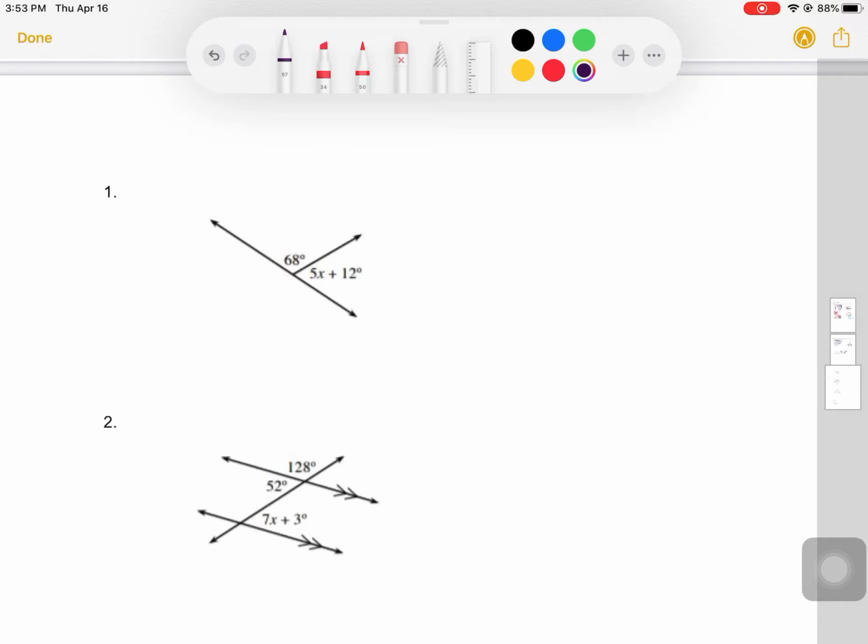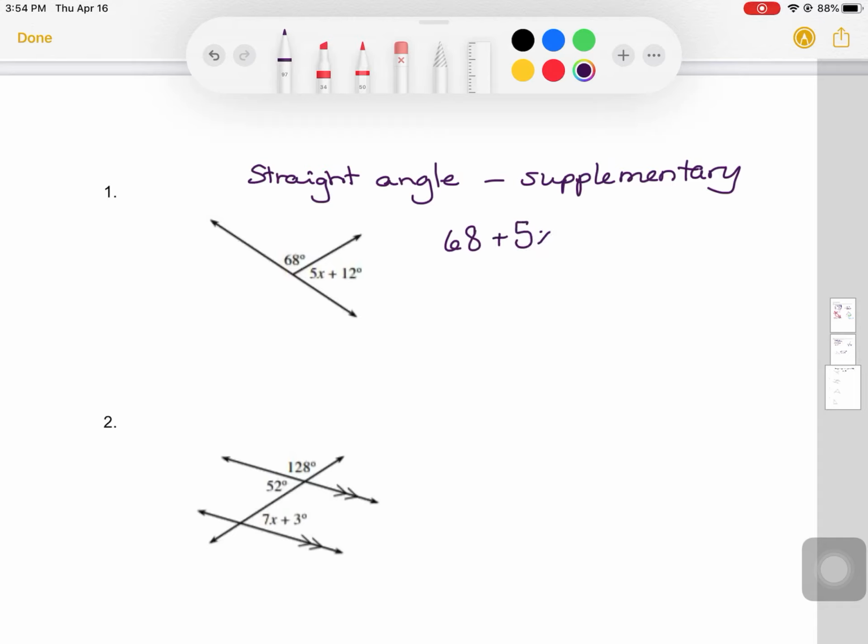Again, we've got this idea that it is a straight angle, and a straight angle adds up, a linear pair adds up to 180. It's a straight angle. They are supplementary. And that means that 68 plus 5x plus 12 has to equal 180, and then I can start the solving process.